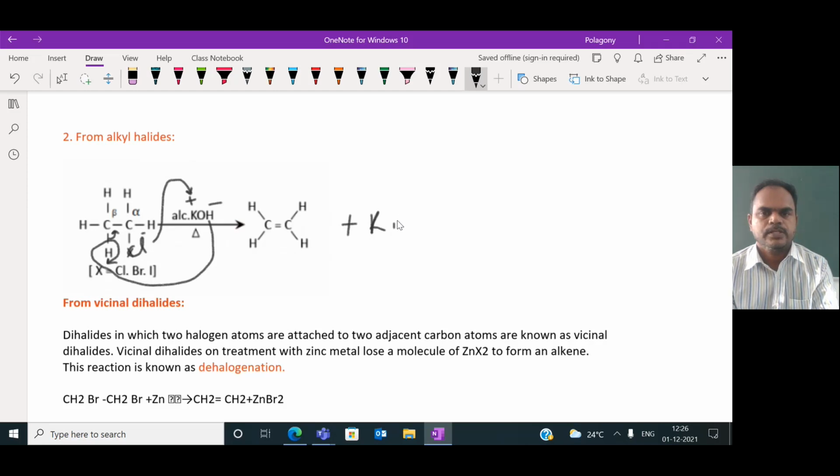We also get another byproduct, water, which is eliminated. The sigma bond converts into a pi bond, so we get alkene, ethene. This is the dehydrohalogenation process.